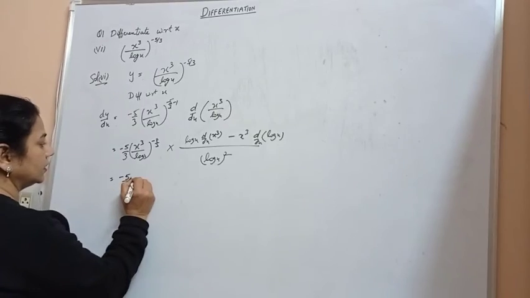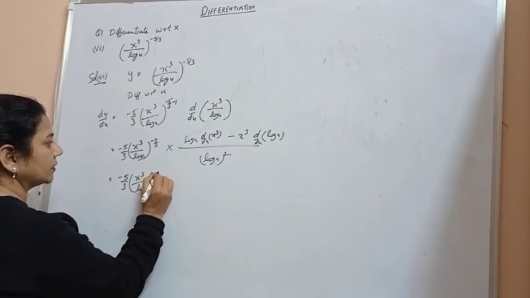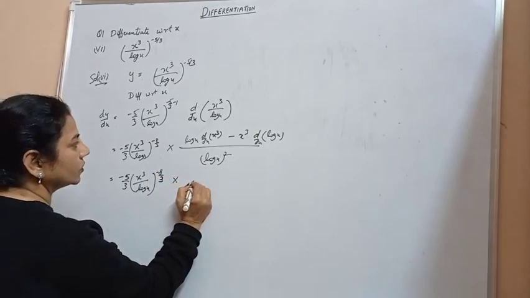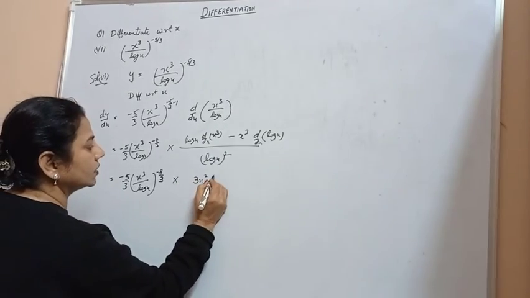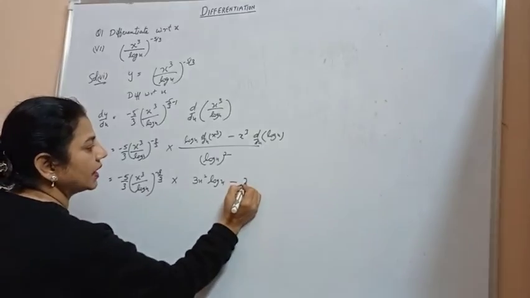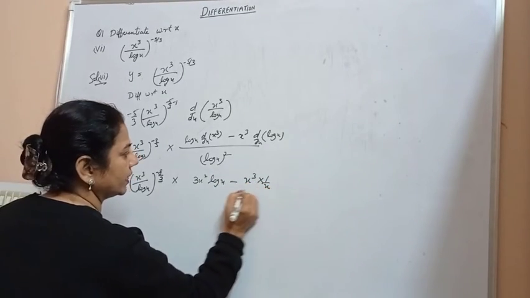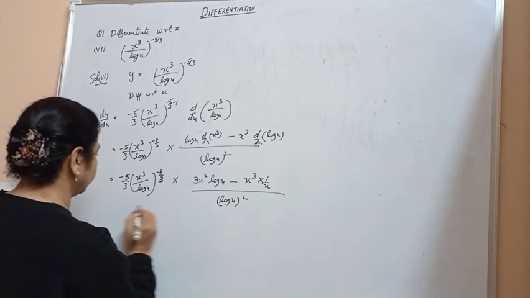Minus 5 by 3 (x cube upon log x) whole to the power minus 8 by 3 into the derivative of x cube, which is 3x square. So 3x square log x minus x cube, the derivative of log x is 1 by x, divided by (log x) whole square.